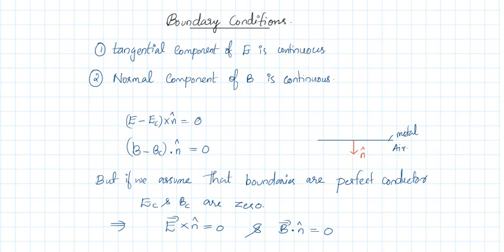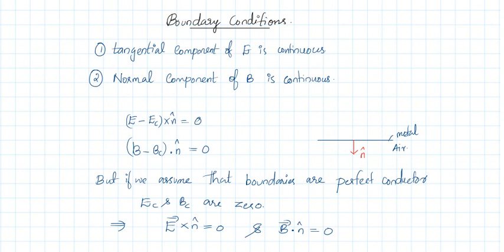That is nothing but E cross n, because when you consider E cross n, that will be perpendicular to the direction of n cap, so it will be tangential to the interface. A cross product is perpendicular to both the vectors.